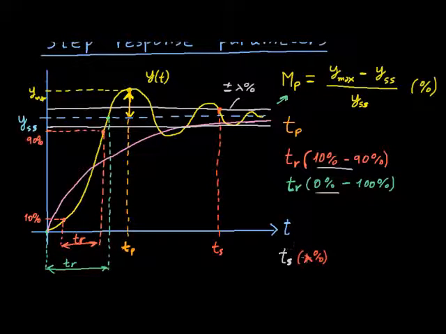So if we choose a higher lambda, then of course the settling time would be shorter. And as you see, the settling time for the other response I drew was this one. This is T_S for this purple response.